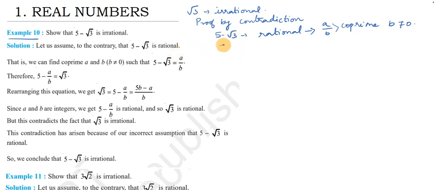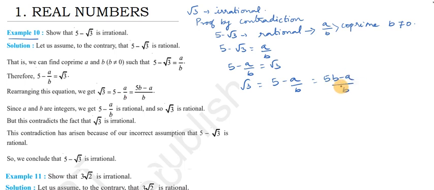So now we consider 5 minus root 3 equal to a by b. Then we can write root 3 equal to 5 minus a by b, which is 5b minus a by b.